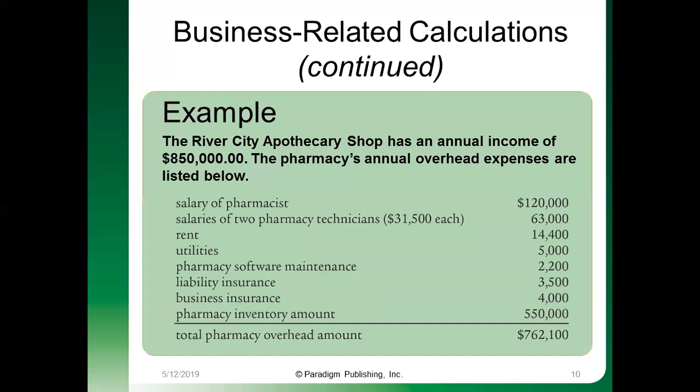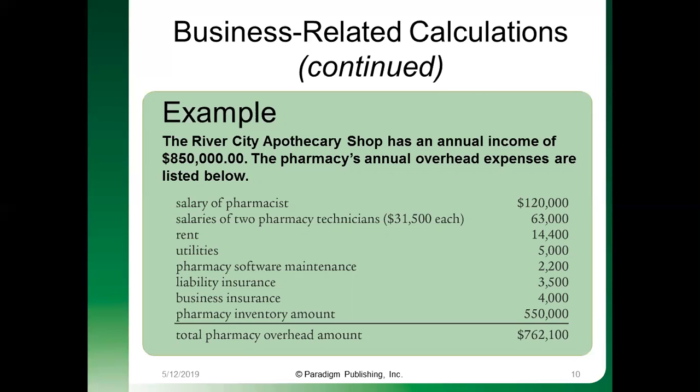So here's an example. The River City Apothecary Shop has an annual income of $850,000. The pharmacy's annual overhead expenses are listed below. So everything the pharmacy is having to pay.